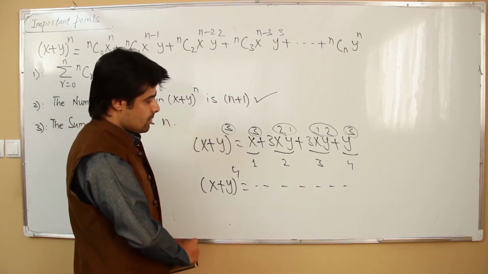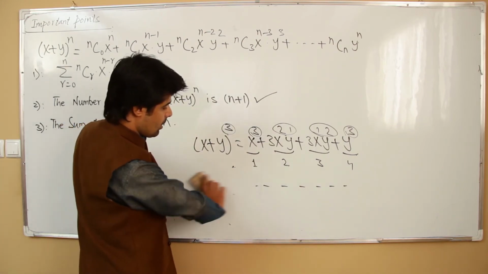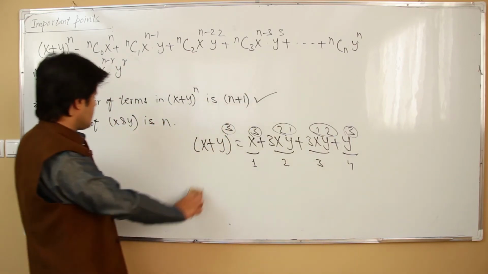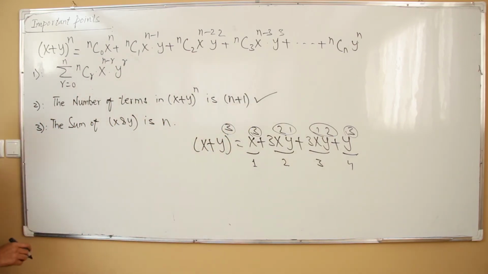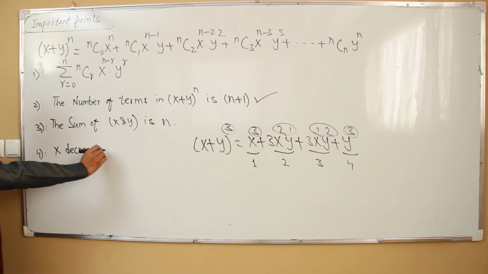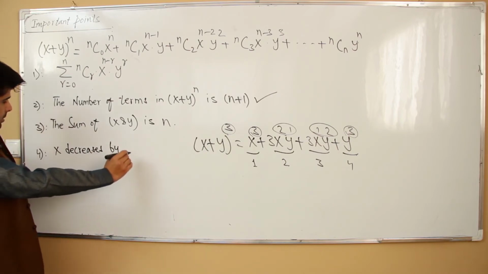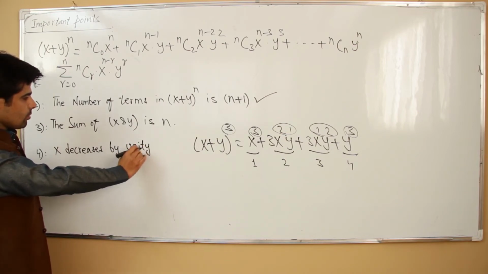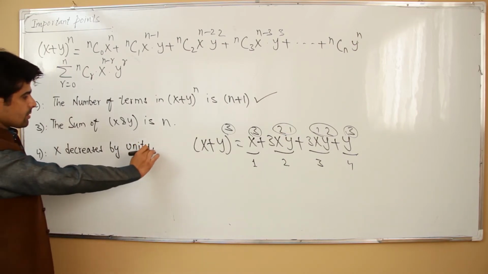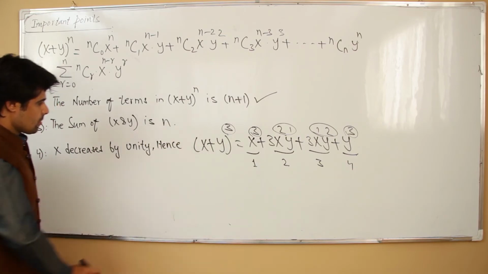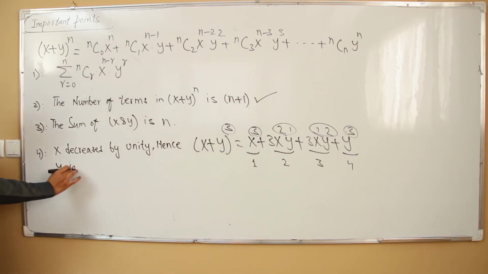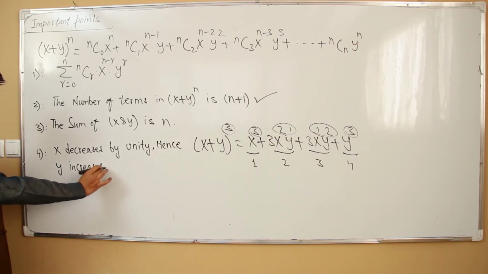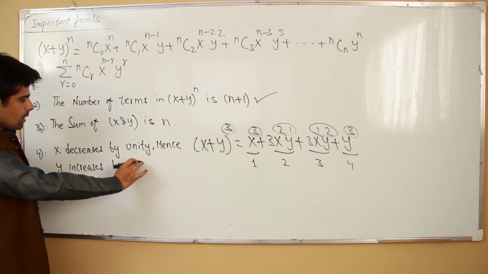Whatever the number is, that is the summation of the powers of x and y, number 4. x decreases by unity. Hence, y increases by unity in each term.